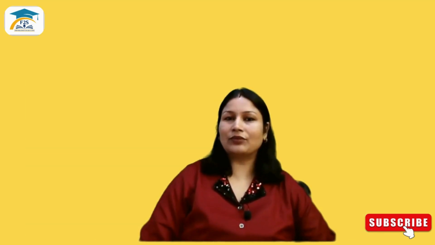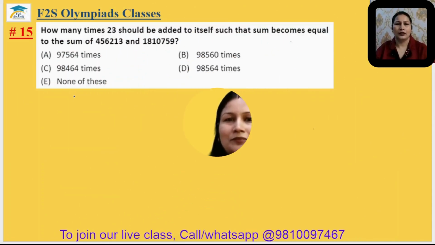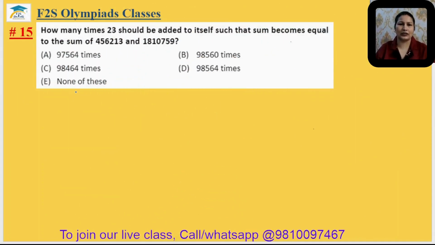Now let's start with the worksheet questions. Grade 5 Silver Zone Comprehensive Book Chapter 2. Question number 15. How many times 23 should be added to itself such that the sum becomes equal to the sum of this number and this number? It means first we have to find the sum of these two numbers.